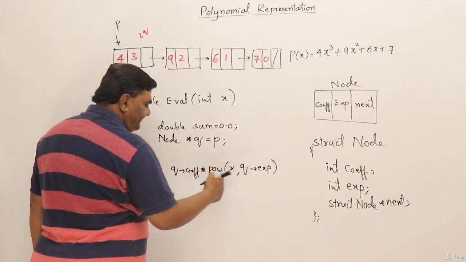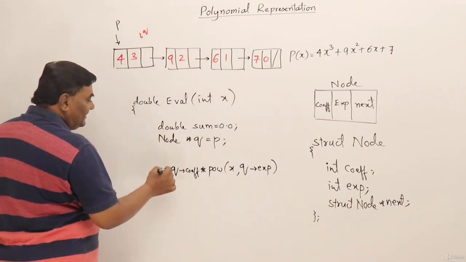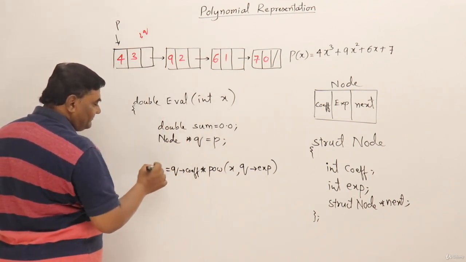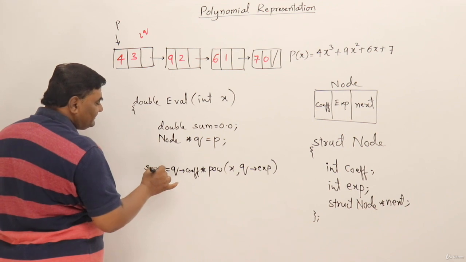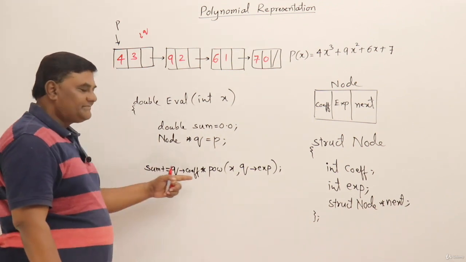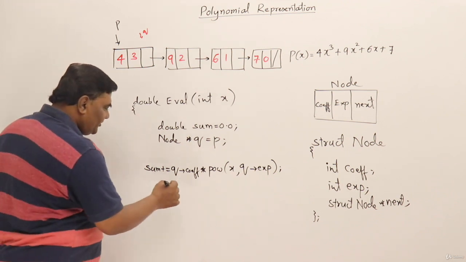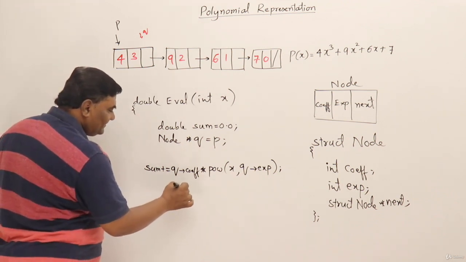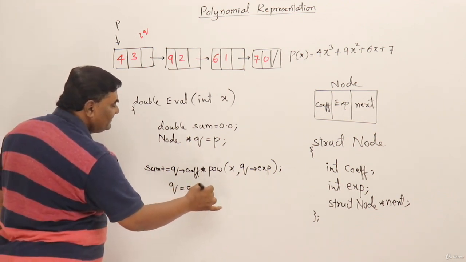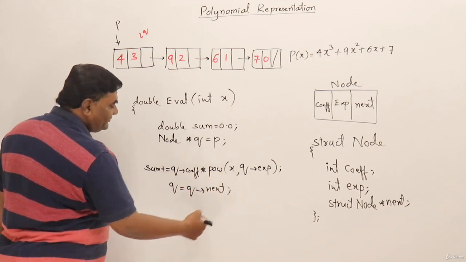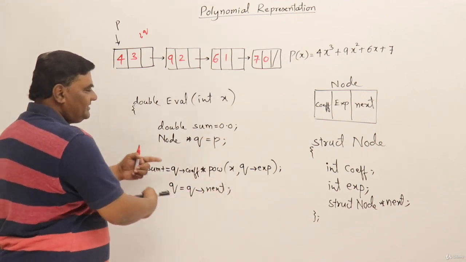Then this result, whatever we get, is just one term, and this should be added in sum. So sum plus. That's all. This is the expression. It will evaluate one term. Then I should move q to next term and do the same thing. q assign q's next. So q will move to next node and again repeat the same thing.